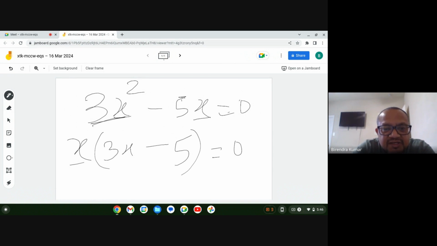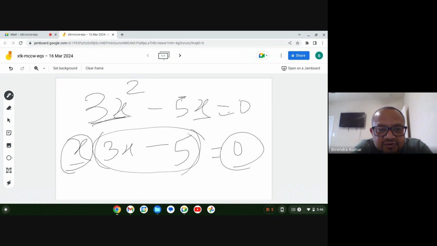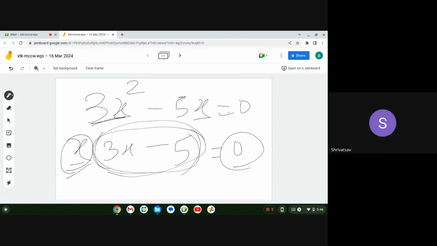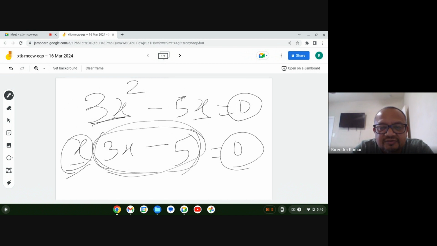Now, what this means is either x is 0 or this value is 0. That's what is leading to the overall value being 0, right? One of the two is 0 actually. That is why the overall value is 0. See, if I have 100 and you have 0, then multiplying your value with my value becomes 0.